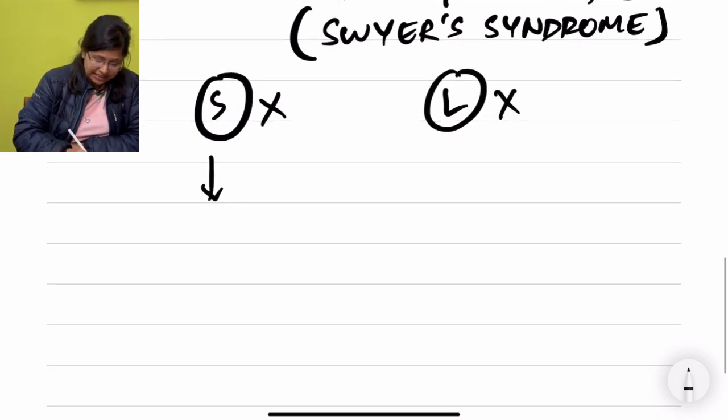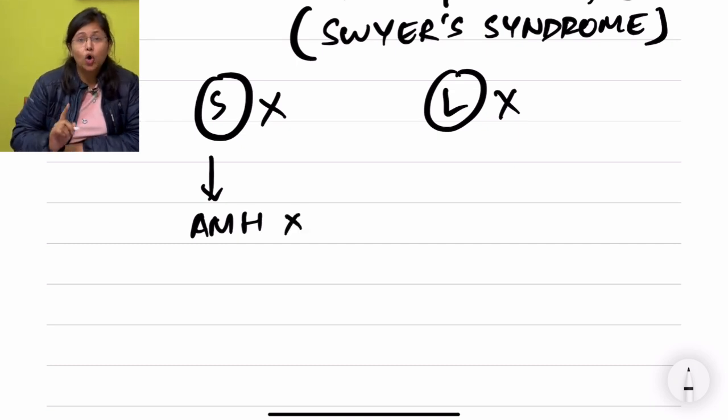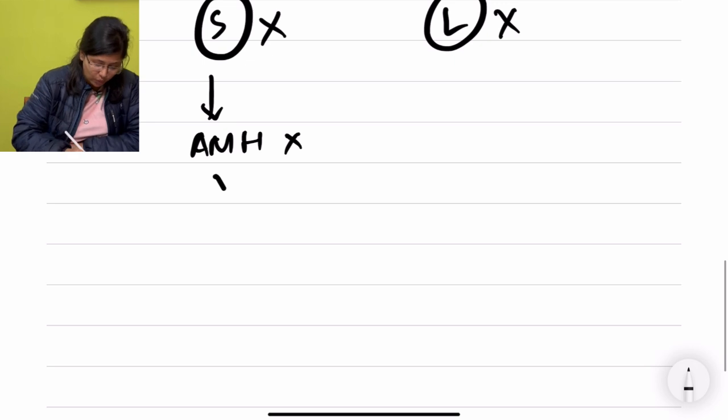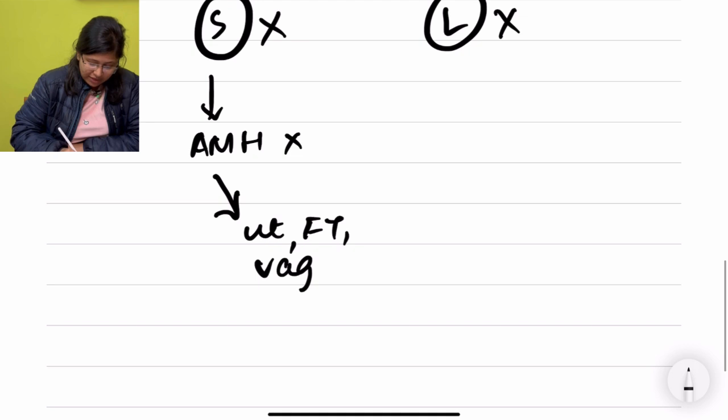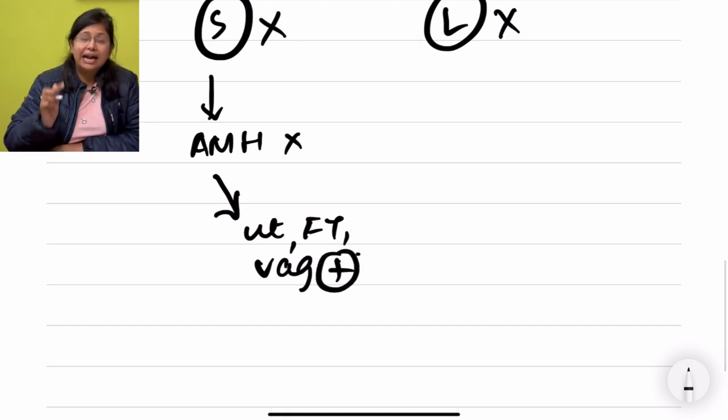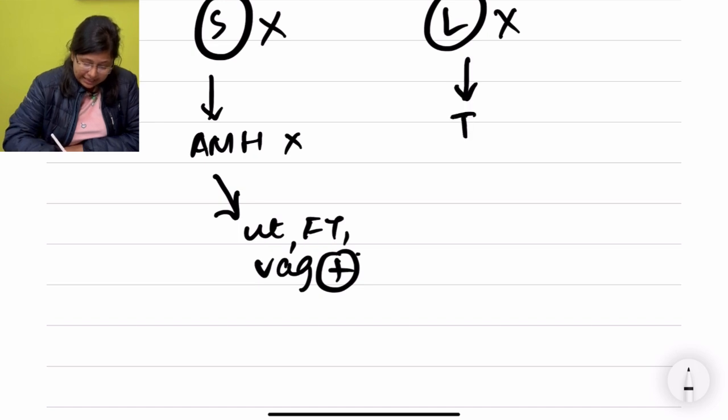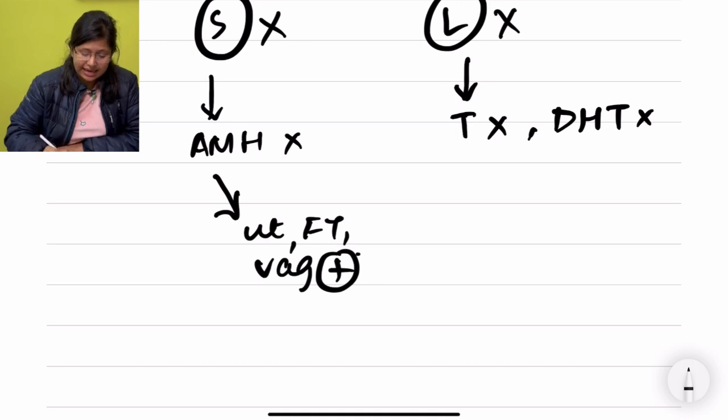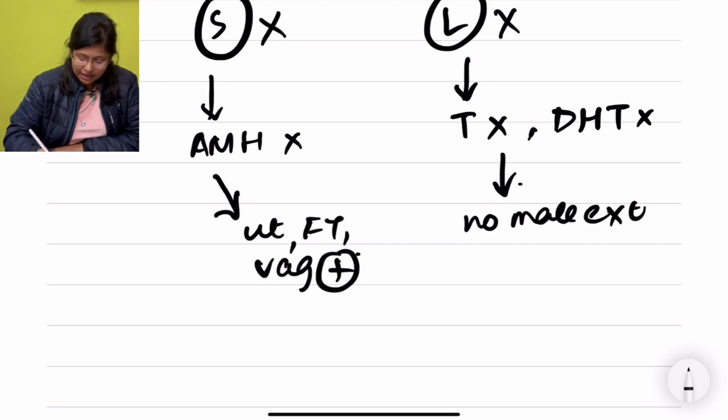The Sertoli cells we know produce AMH. So if there is no AMH, there will be no regression of the female genitalia, so the uterus, fallopian tubes and vagina will develop, right? And if there are no Leydig cells, that means there will be no testosterone and no DHT, which means there will be no male external or internal genitalia.